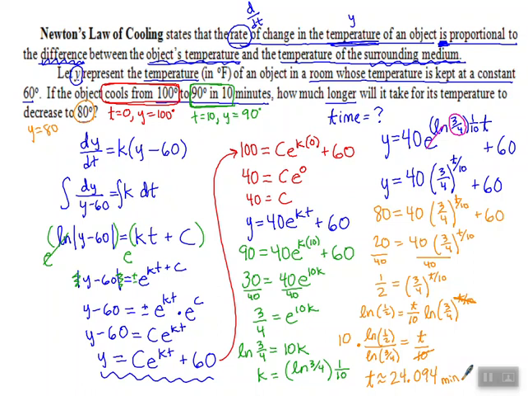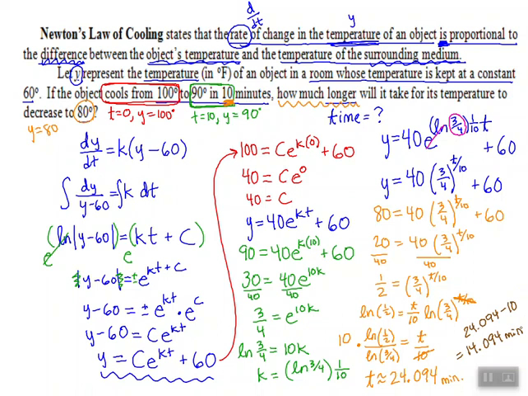Let's make sure we've answered the question. How much longer will it take for the temperature to decrease to 80 degrees? Aha, so it's already taken 10 minutes to get down to 90 degrees. So how much longer than 10 minutes? We need to do a little bit of subtracting. 24.094 minus 10 makes 14.094 minutes.